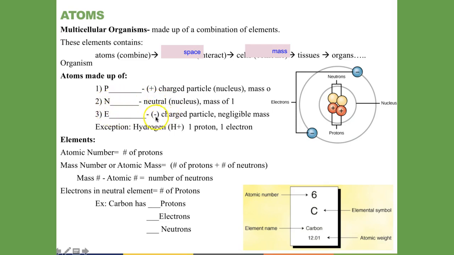Then the ones that are negatively charged, the ones that are outside in the orbital of the atom, those are your electrons. There is an exception. Hydrogen is an exception to this whole rule. Hydrogen has 1 proton, 1 electron. There are no neutrons in hydrogen. That is the one exception to the rule.